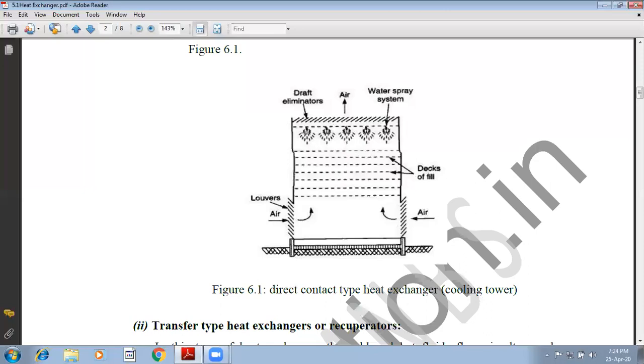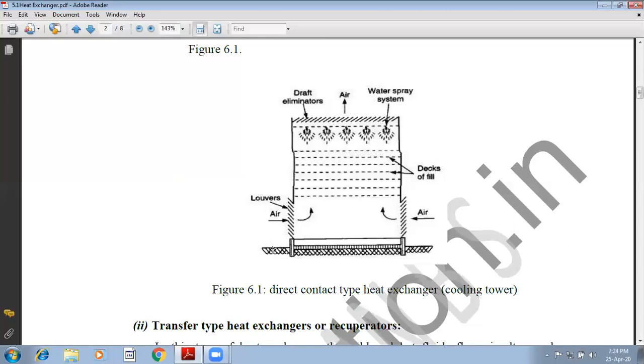Your intention is to reduce the temperature of this water by heat transfer. How to do this? Water droplets are made to fall in the stream of air flowing from the bottom. This stream of air will catch the heat given out from the water particles. The water particles lose heat and are collected at the bottom.